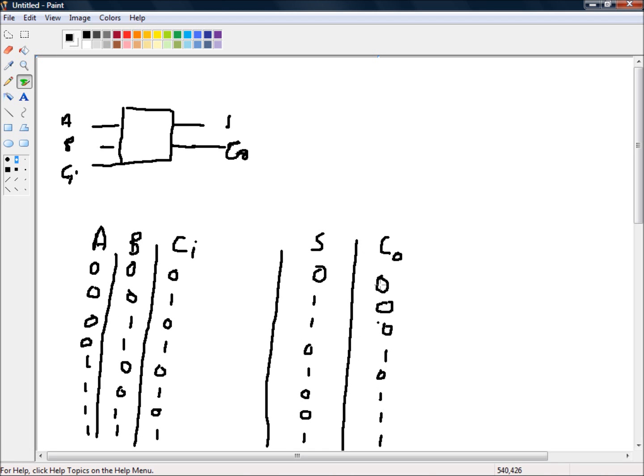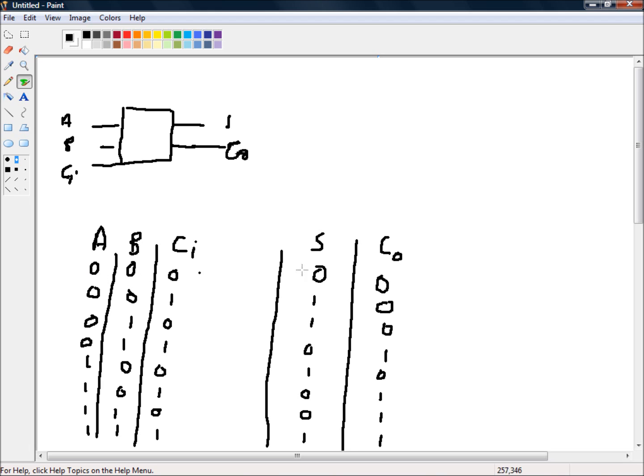So what Boolean algebra can make this pattern? Okay, well, we know that we can use an exclusive OR to sum numbers together, so we've got to assume that there's exclusive ORs involved here. So if we exclusive OR A and B together and then exclusive OR the combination of that with C, let's see what we get.